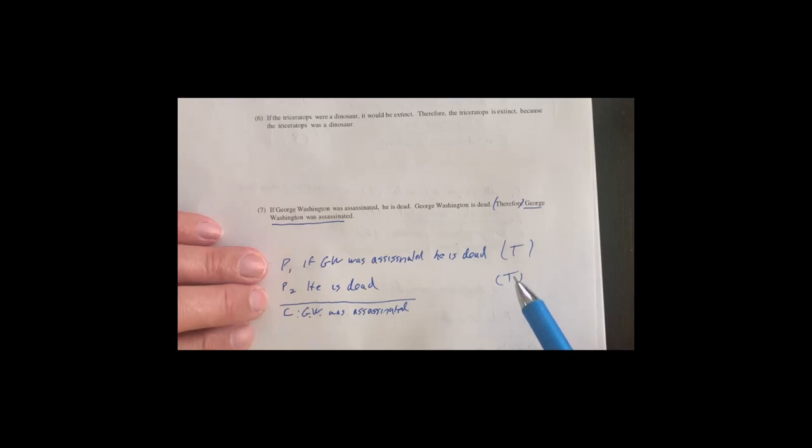And P2, he is dead. These are both true statements, right? If George Washington were assassinated, he would be dead. And he is in fact dead. Therefore, he was assassinated. But you've got a false conclusion. So if you've got true, true, false, you know the argument is invalid.